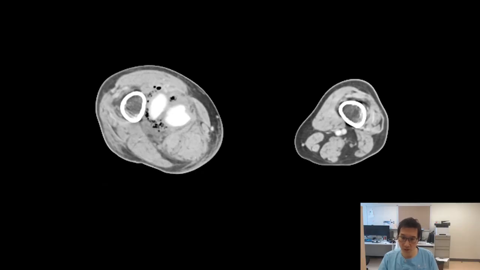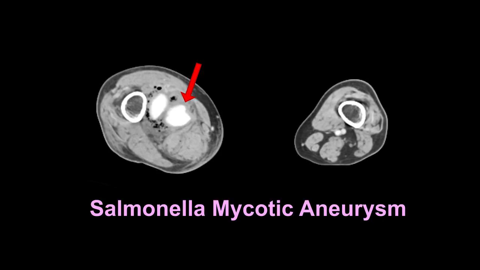Externally, again, there was only very minimal rash. But CT here shows that he's got a pseudoaneurysm coming off his thigh arteries, and also gas surrounding the pseudoaneurysm. The blood culture subsequently came back as salmonella positive, and he had a salmonella mycotic aneurysm of his right thigh.